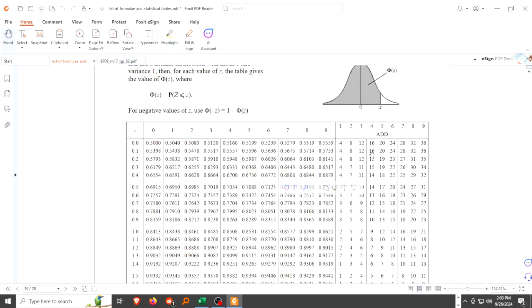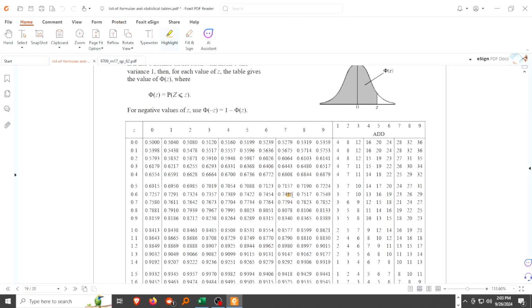So that 14, the closest we can get is 13. So we add this 13 to this, and it gives us 0.7499.